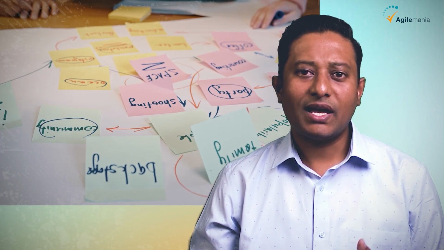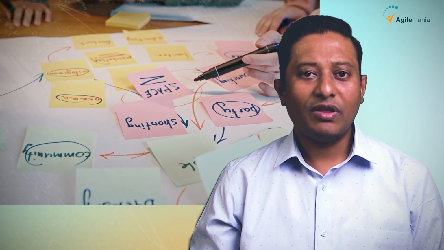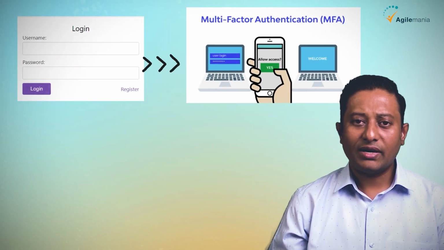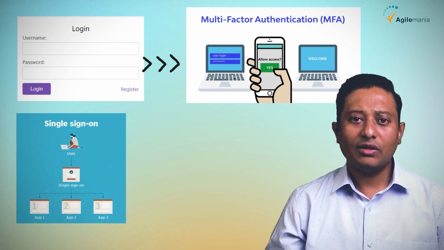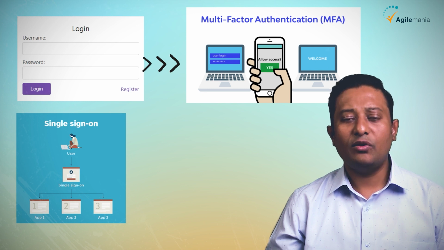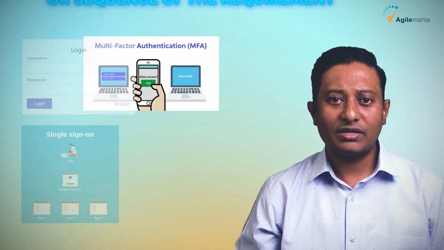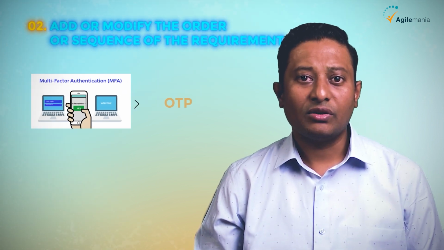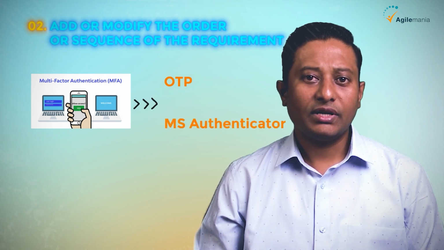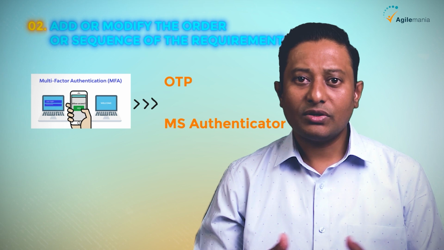Oftentimes, it happens that while we are adding details, we might figure out that a particular requirement can be broken down into smaller chunks. For example, a requirement such as login can be broken down into login through multi-factor authentication or login with single sign-on, which further can be divided into even more granular chunks such as multi-factor authentication with OTP, that is one-time password, or multi-factor authentication using MS Authenticator.